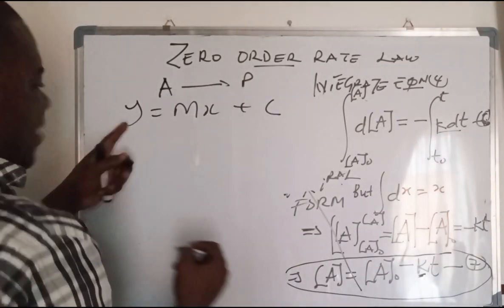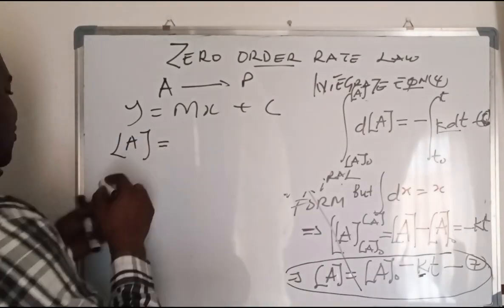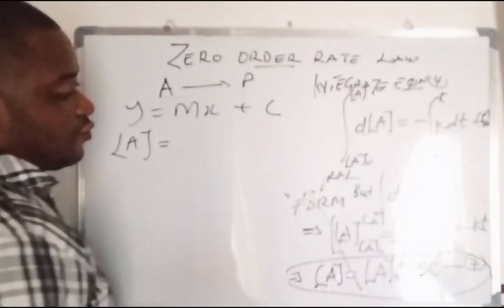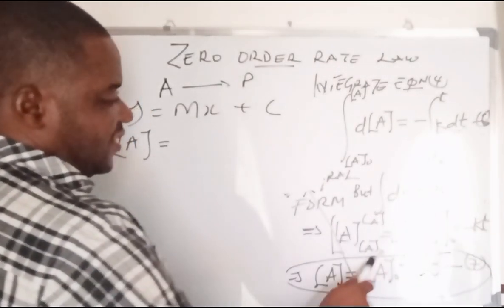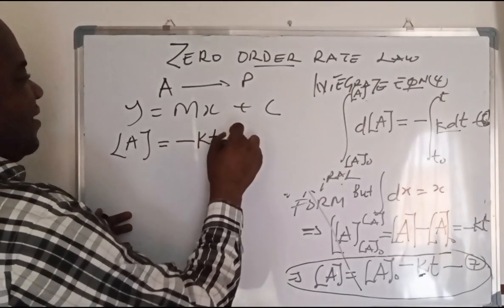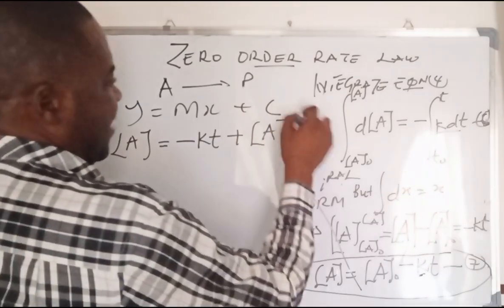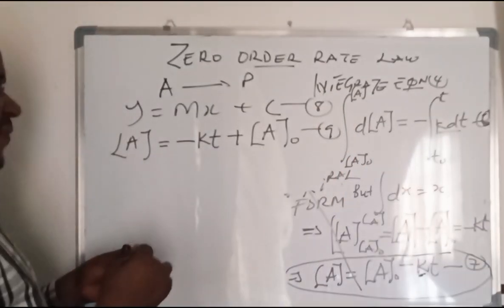And to do that, our y is going to be our A, concentration of reactant. Why do we rewrite this equation? Because we are going to plot a graph of A against t, and this of course will be our c. So we now have minus kt plus A0. This now becomes our equation 8, this now becomes our equation 9.